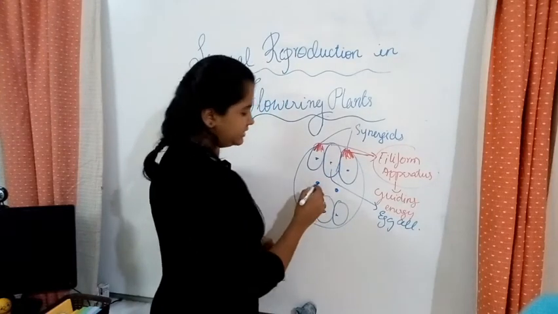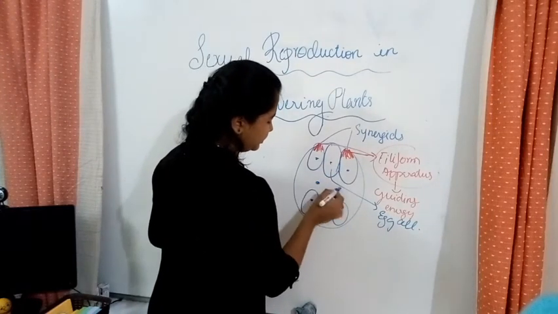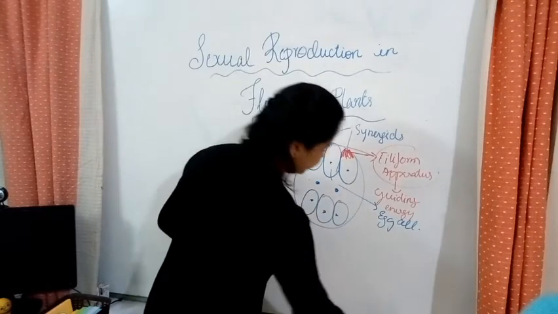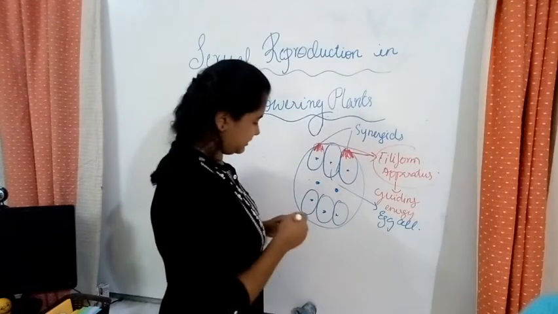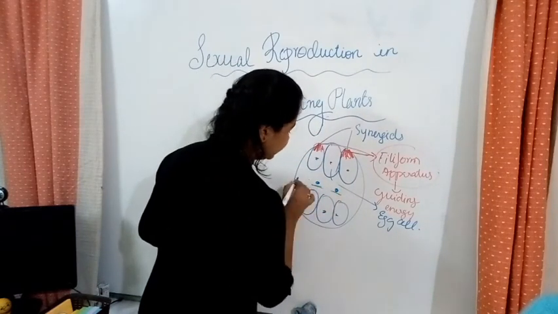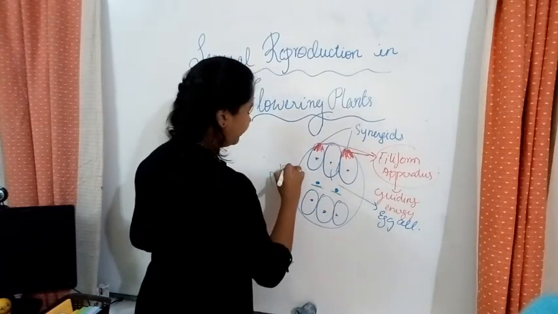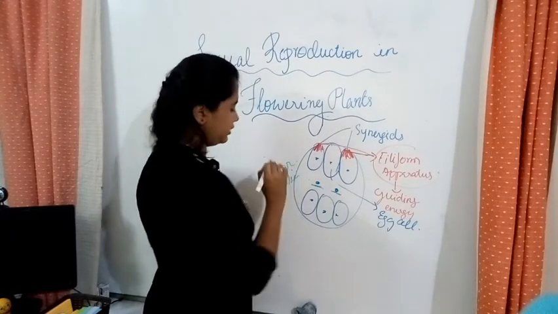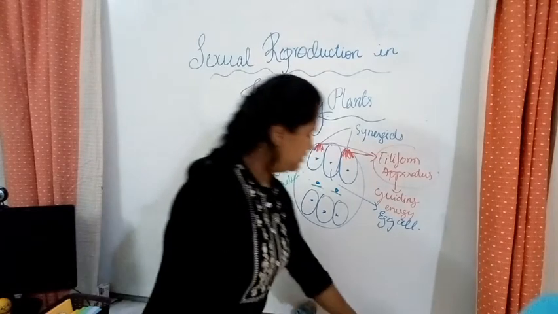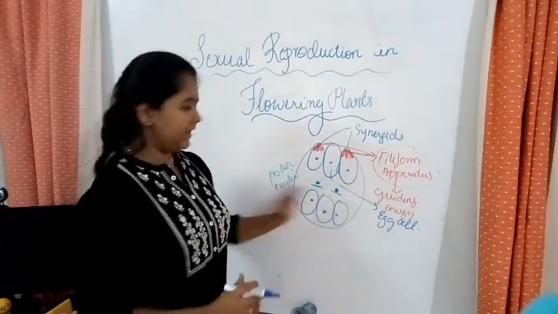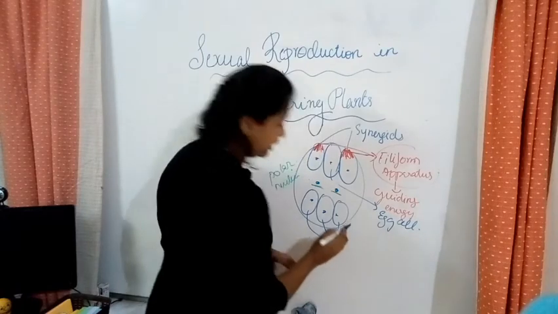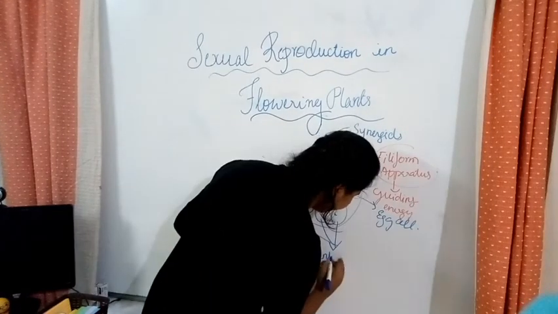I just didn't mention, these two together are called the polar nuclei. This is not a cell actually, and if I draw it like this, you'll misunderstand. I'll tell you why it is known as the polar nuclei. And over here there are 3 antipodal cells.